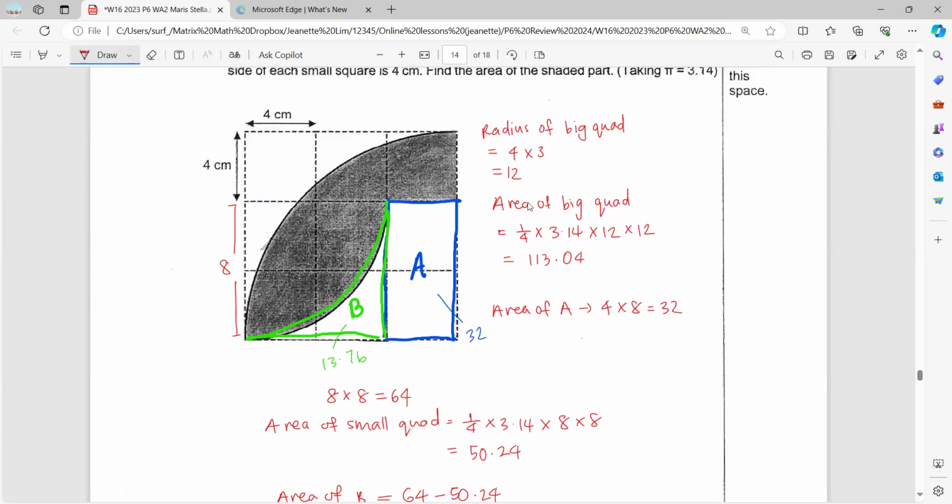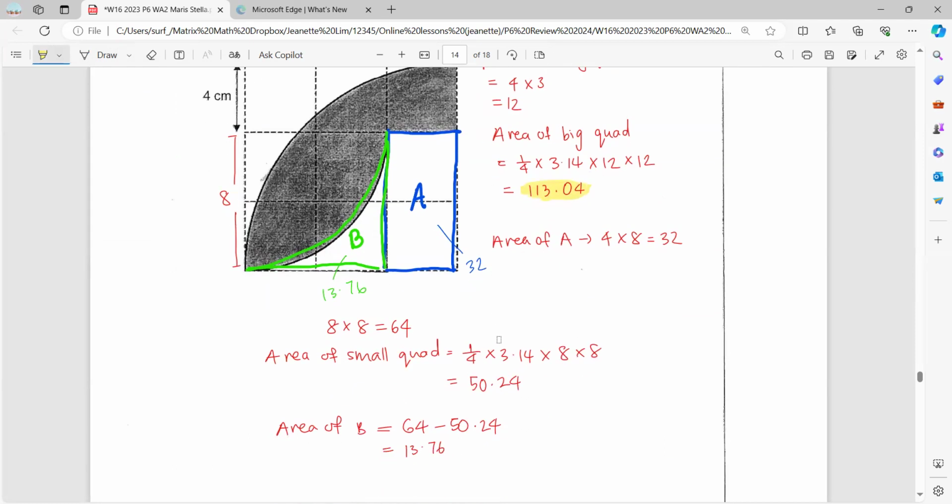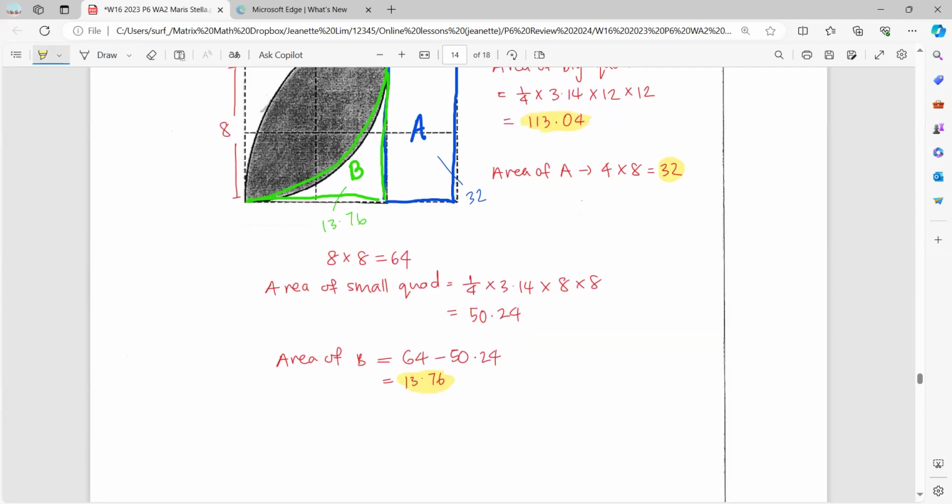So big quadrant, let's highlight. The big quadrant, which is this one. Take away area of A and take away area of B to get the shaded part, okay?